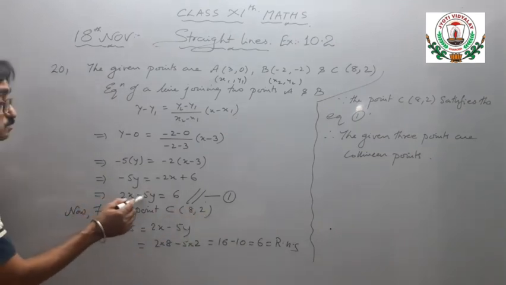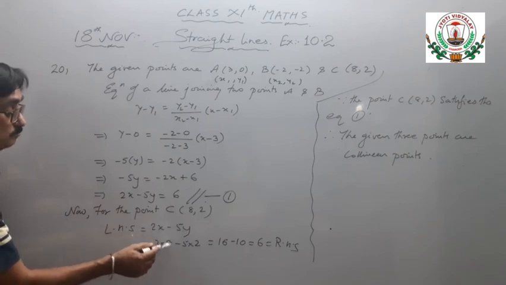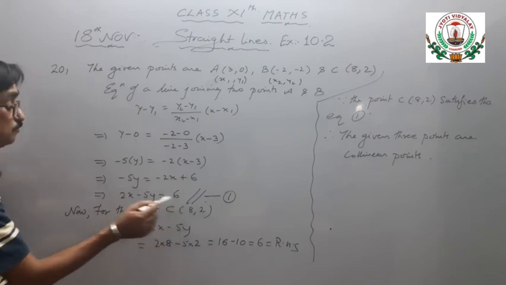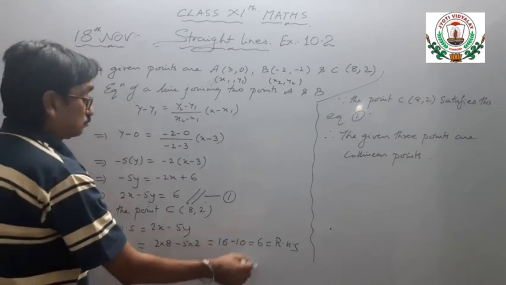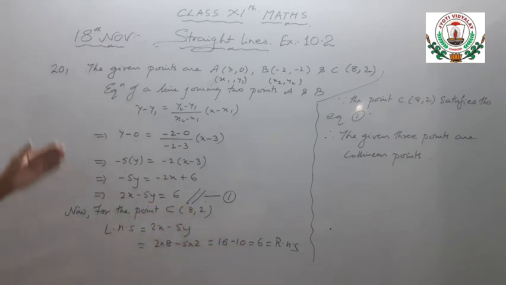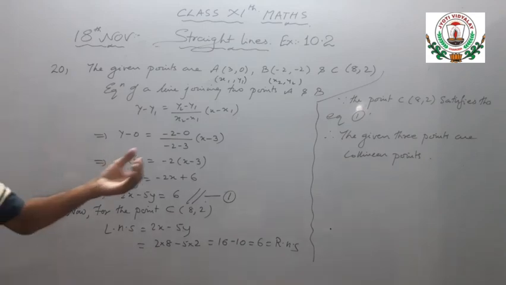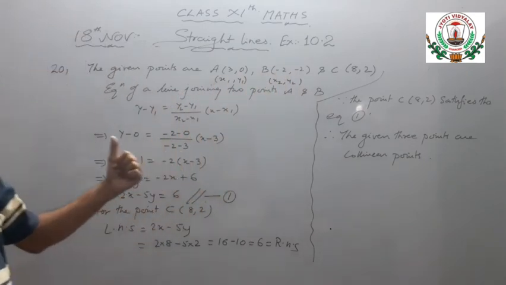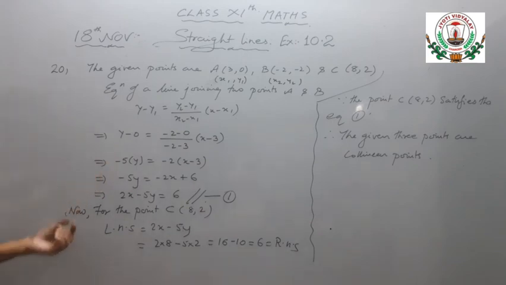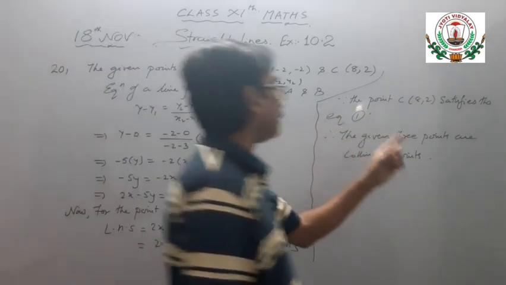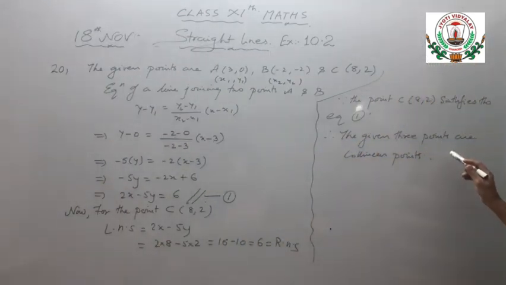So LHS: 2x minus 5y, 2 into 8 is 16, minus 5 into 2 is 10, 16 minus 10 is 6, so we got the RHS. So after getting the equation of a line by taking any 2 points out of the given 3 points, if the left-out third point satisfies that equation, then all the 3 given points are collinear. That is the concept. With the help of the equation of a line, we have to show that the given 3 points are collinear.